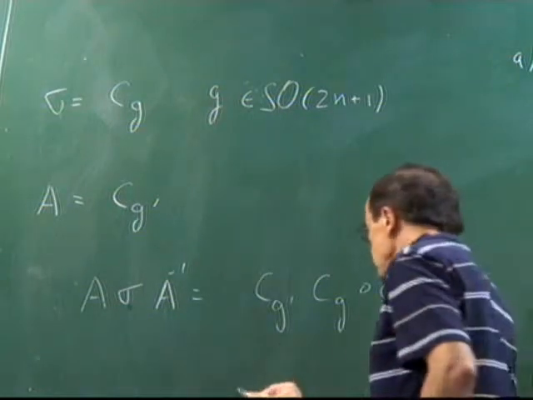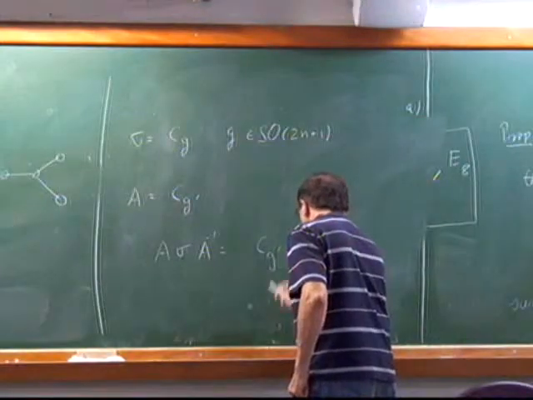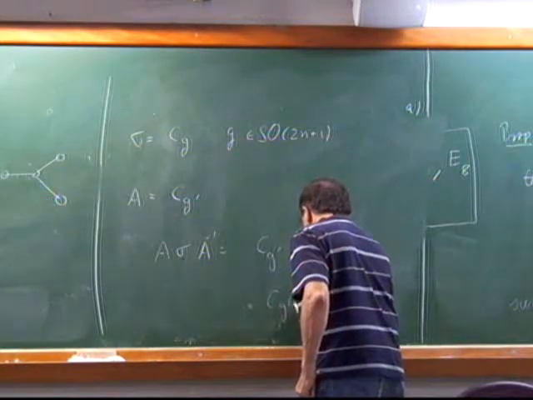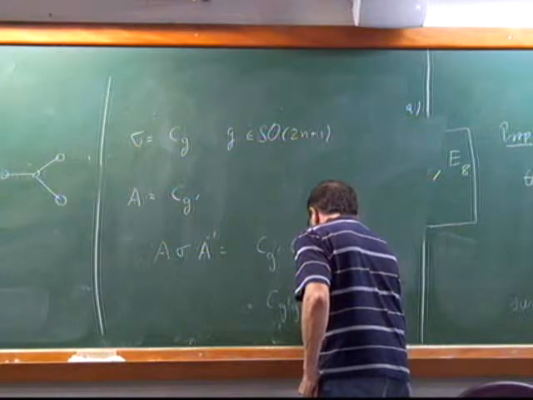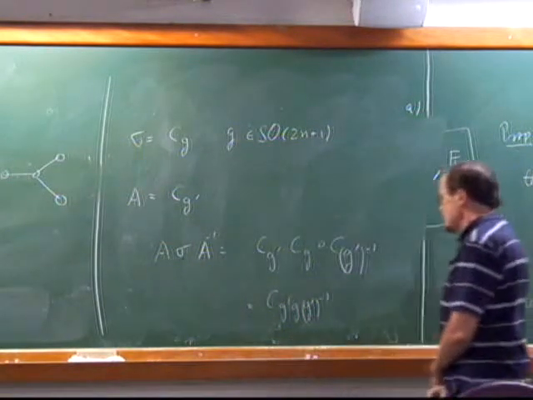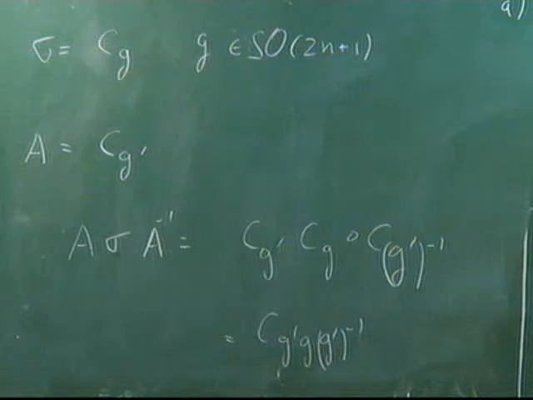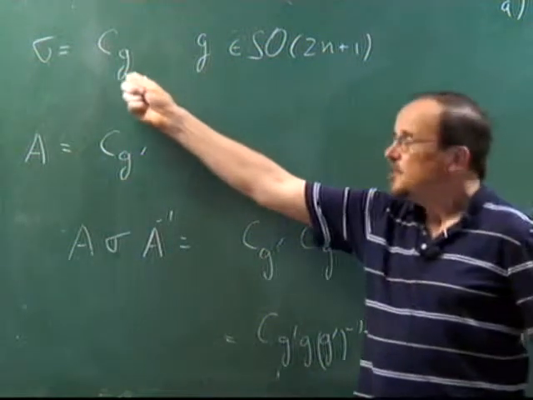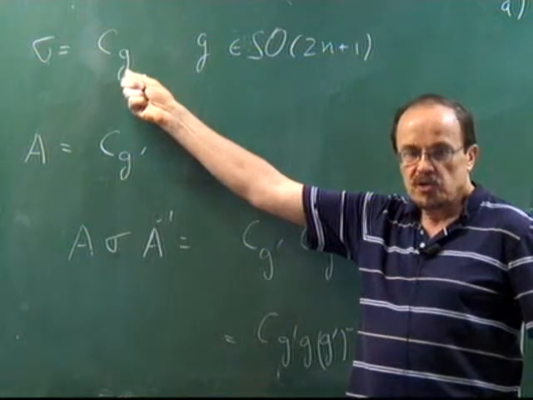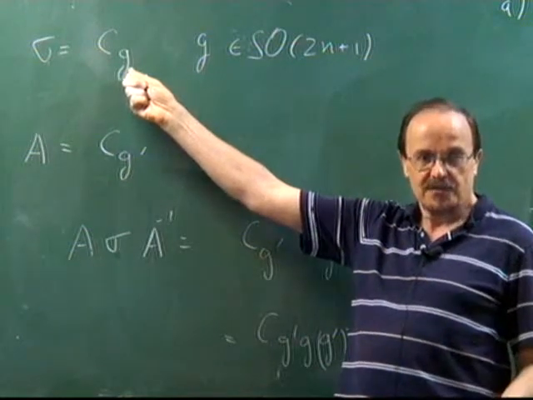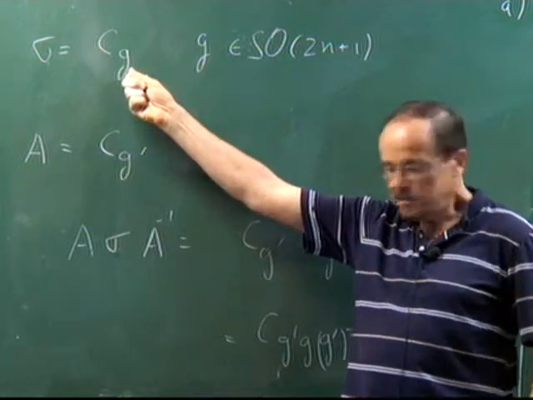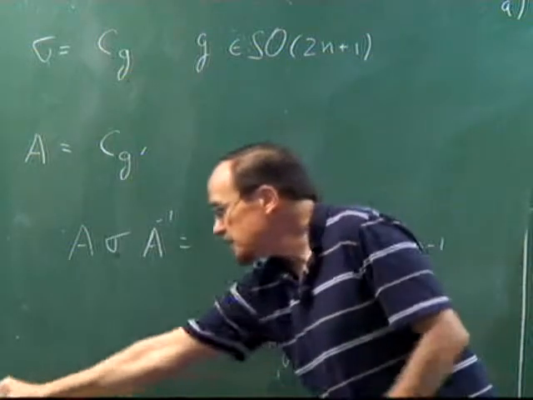And of course, that's conjugation by g prime g g prime inverse. So in other words, the involutions I have to look at, represented by some element g, I can choose an element of the conjugacy class of g that is easier.